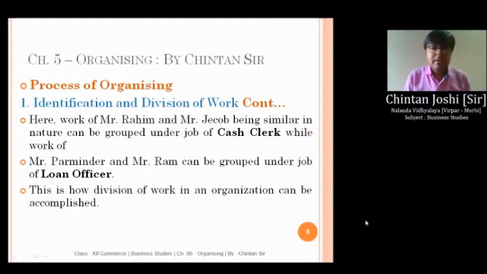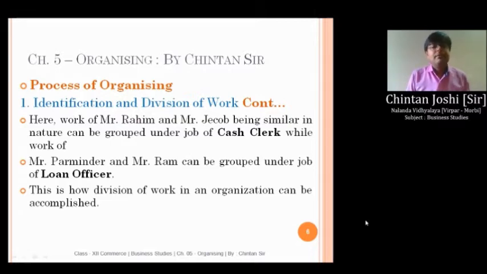Here we can say that the work of Mr. Rahim and Mr. Jacob, being similar in nature, can be grouped under the job of cash clerk, while the work of Mr. Parminder and Mr. Ram can be grouped under the job of loan officer.